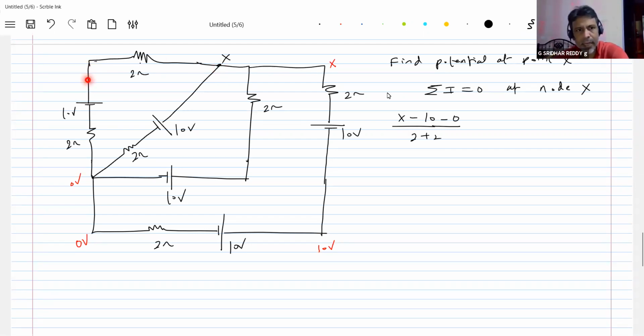X minus 10 minus 0 divided by 2 plus 2, 4 ohm. Come for this: now this will be X minus 10 minus 0 by 2. What is the path? The path is this one: X minus 10 minus 0 divided by 2 ohm resistance. Then next again, X minus 10 minus 0 by 2 ohm.